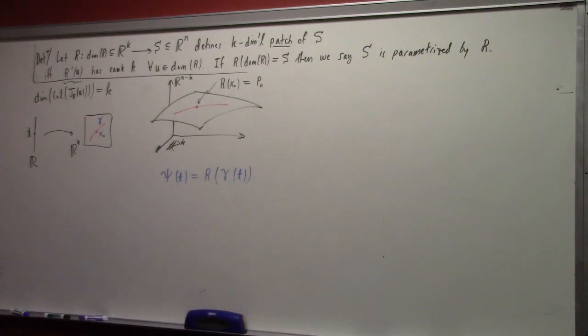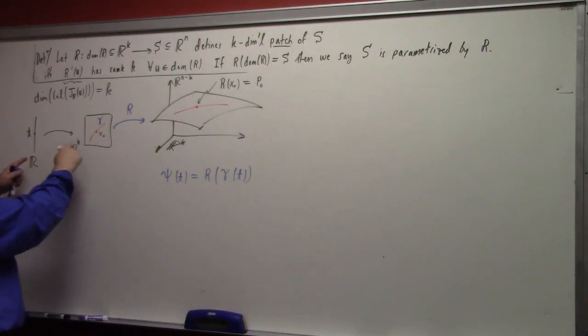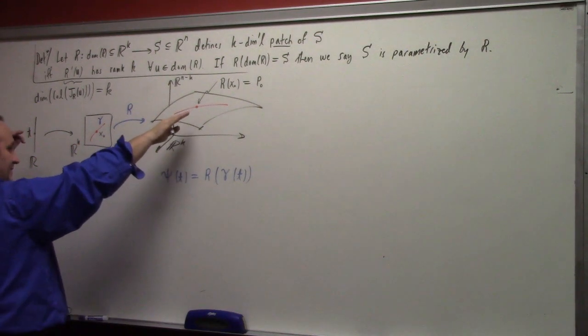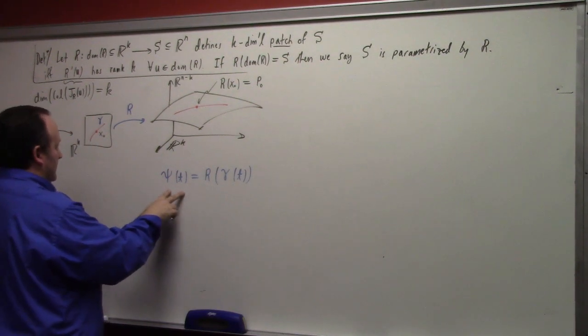In other words, R goes from here like that. So I can take the path here and paste it up there by using the patch, and then I can study the relation of the derivatives.